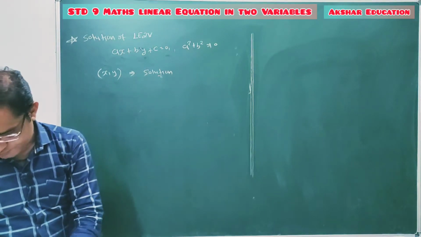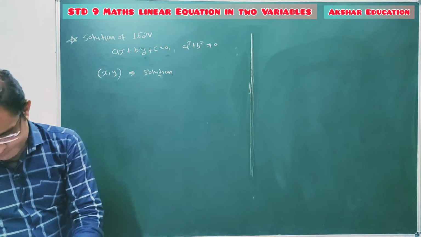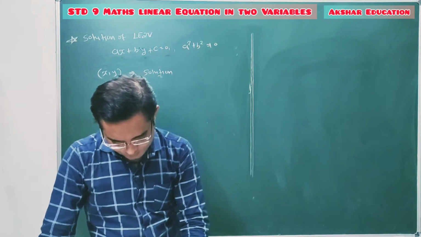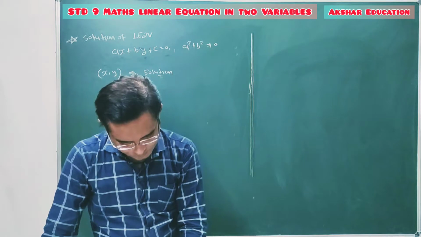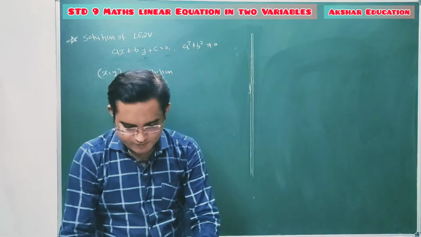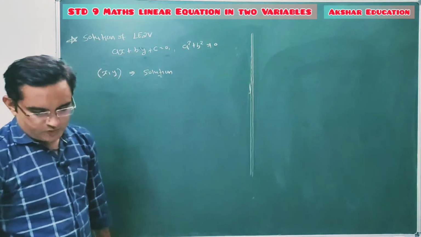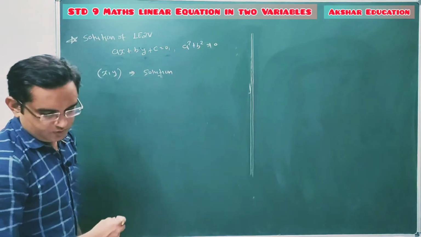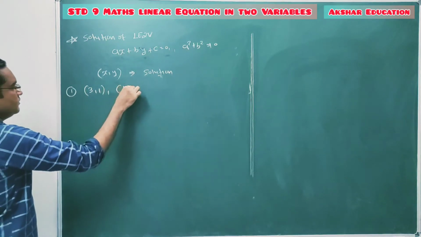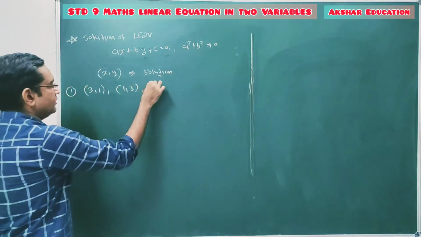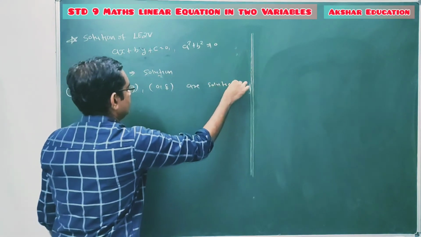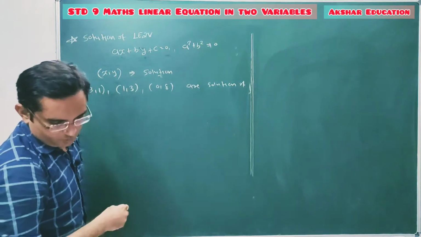So here we are given: check whether (3, 1), (1, 3) and (0, 8) are solutions of the linear equation in two variables 3x minus y equal to 8 or not.